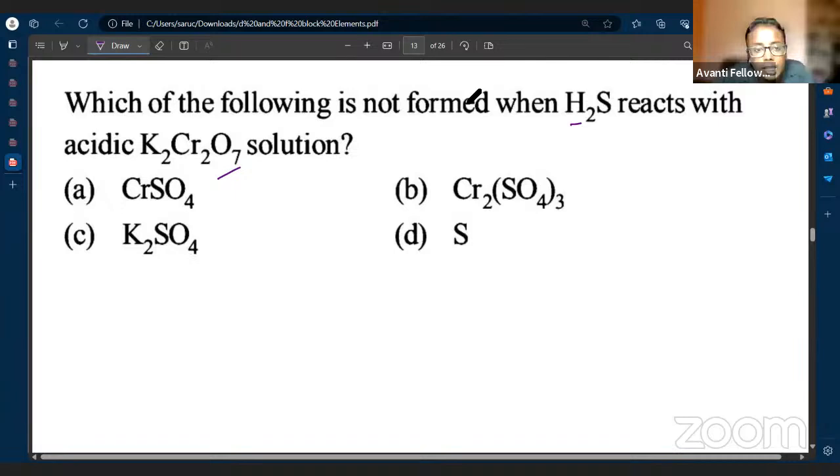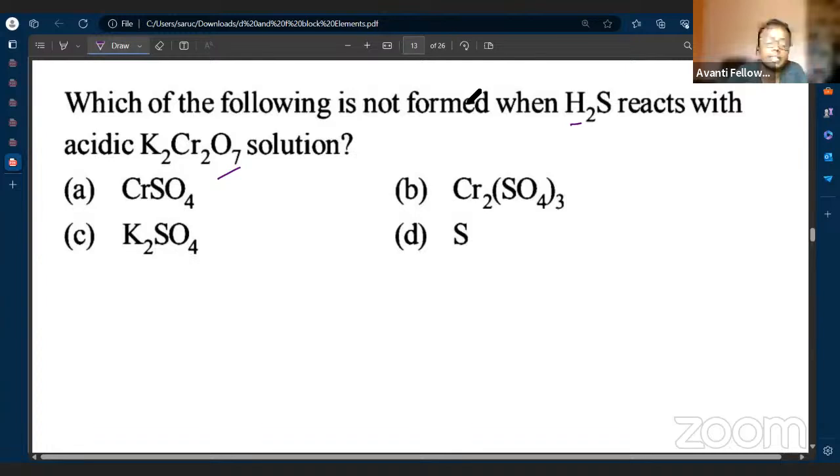It is an acidic condition. So what would be the answer? Yes, I have got one more option, option B.